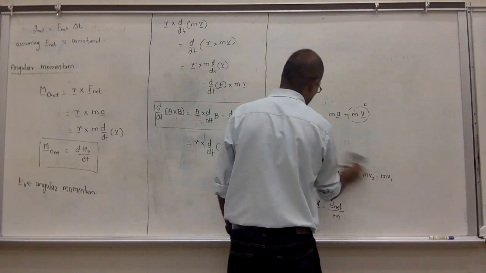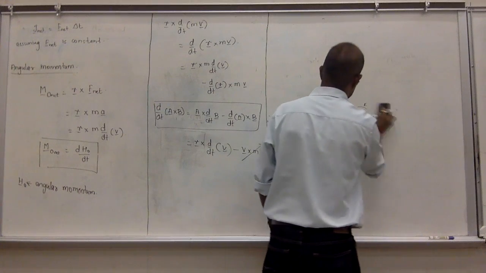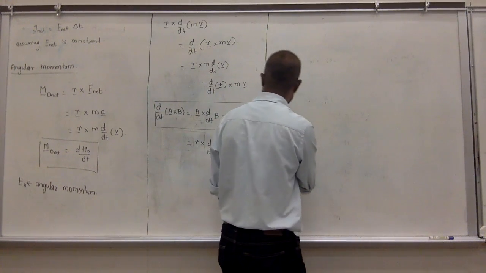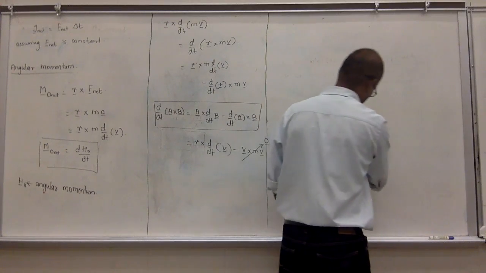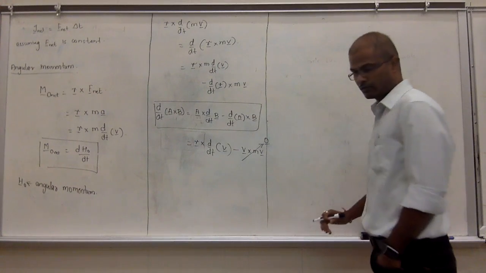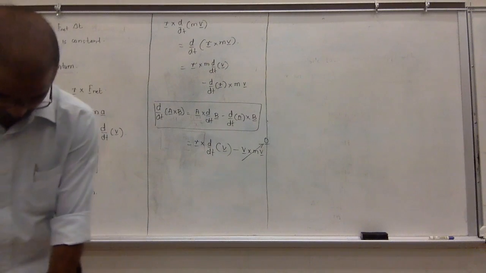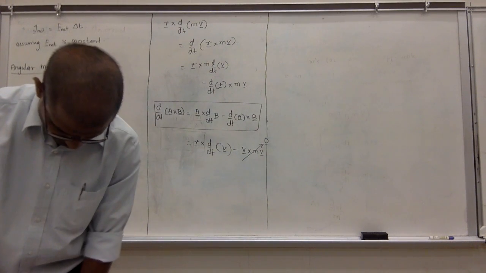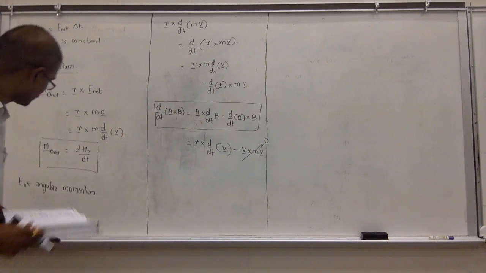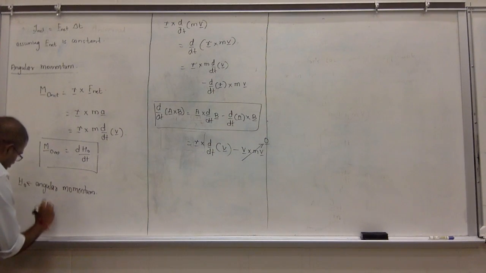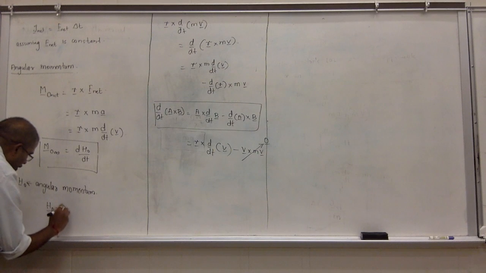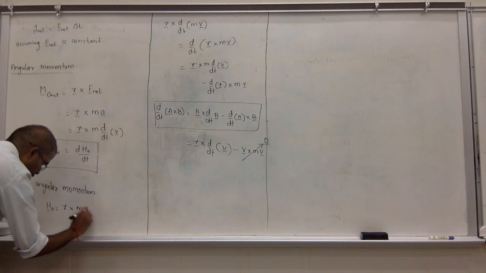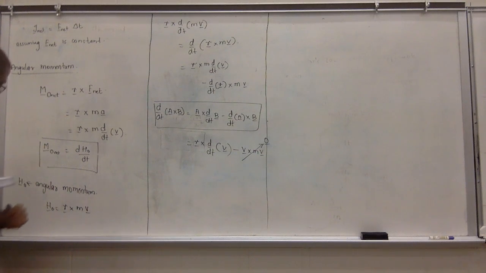We'll do a little bit of relative motion. H naught is angular momentum, and H naught is simply R cross mP.